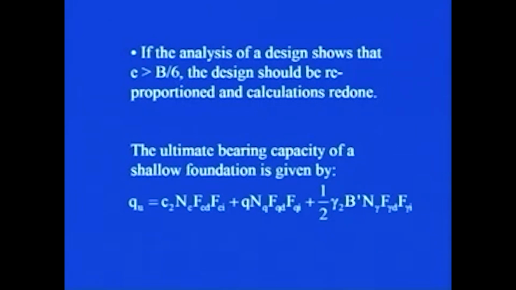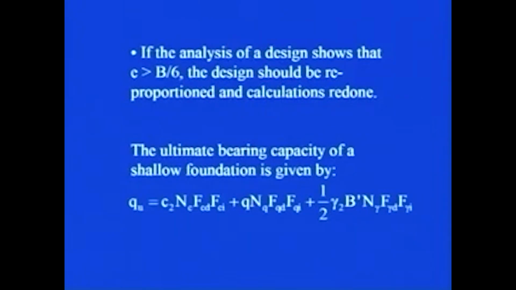It worked out to be safe against overturning, it worked out to be safe against sliding along the base, and then, while you are working out the factor of safety against bearing capacity failure, if the eccentricity of the force comes out to be more than B by 6, immediately you should stop the analysis at that point of time, reproportion the whole thing and do the calculation altogether again, because development of any tensile stress is not at all desirable in case of soil.